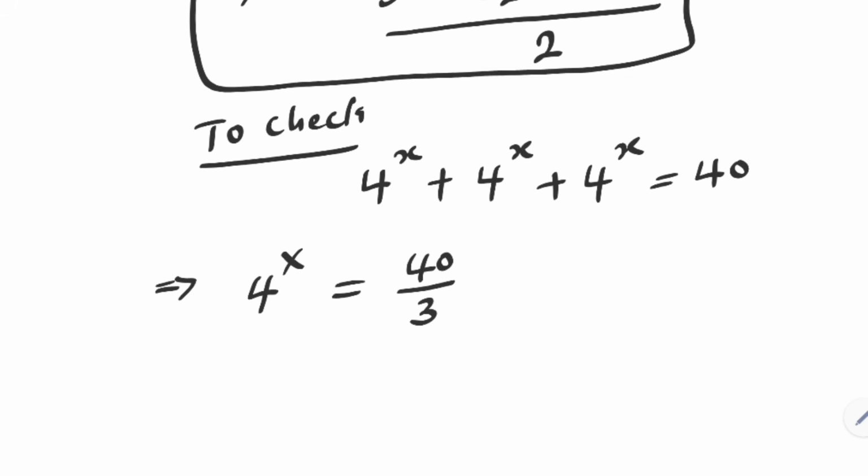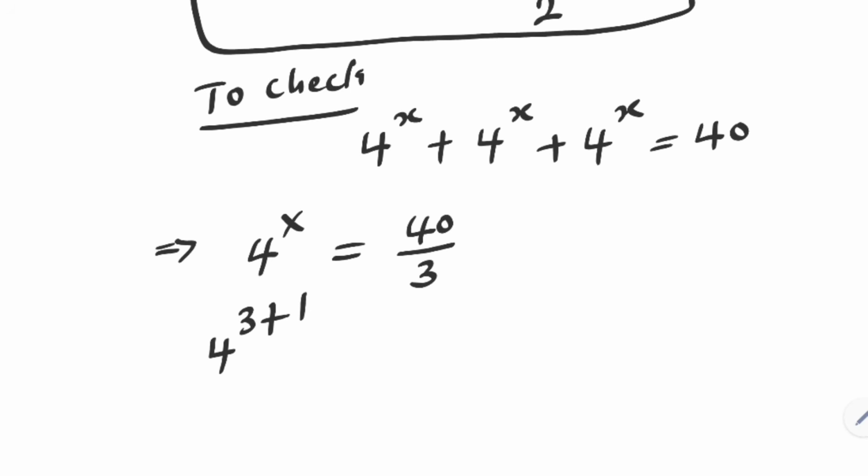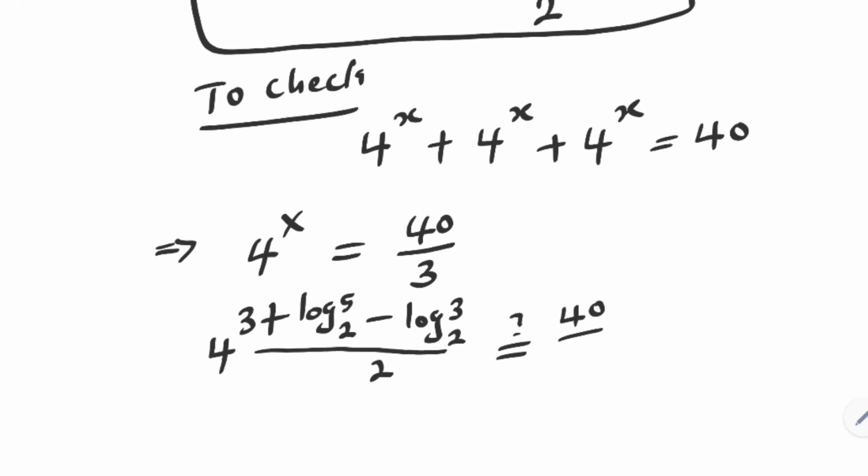Then we have 4 raised to power 3 plus log 5 base 2 minus log 3 base 2 all over 2 must be equal to 40 over 3.